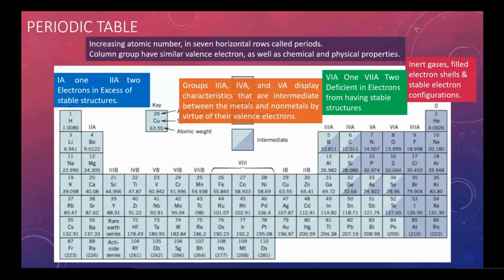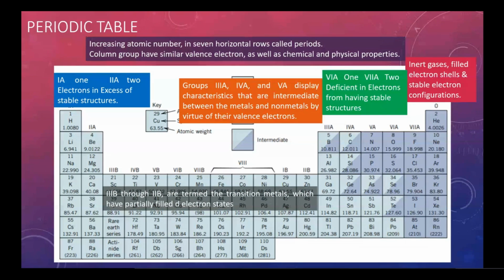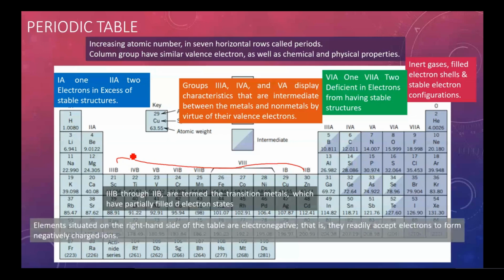You already know that. Groups 3A, 4A and 5A display the characteristics of both metals and non-metals by virtue of their valence electrons. And groups 3B to 2B are the region known as transition metals, and they have partially filled d electronic states. From the point of view of bonding, you need to understand that the elements situated on the right hand side of the table are more electronegative.